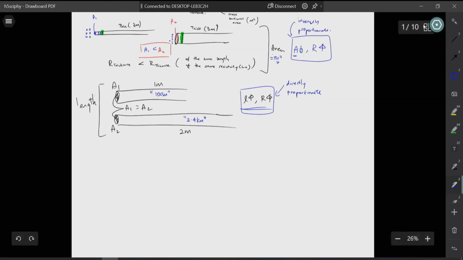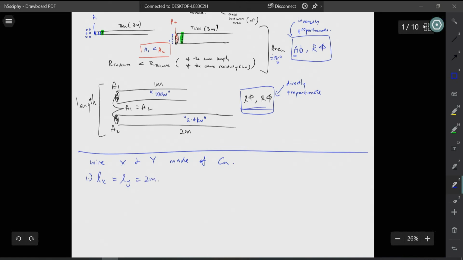Let's come up with a very simple question. I have wires X and Y made of copper. So they are both made of copper. The first scenario is that the length of X equals the length of Y, which is equal to 2 meter.